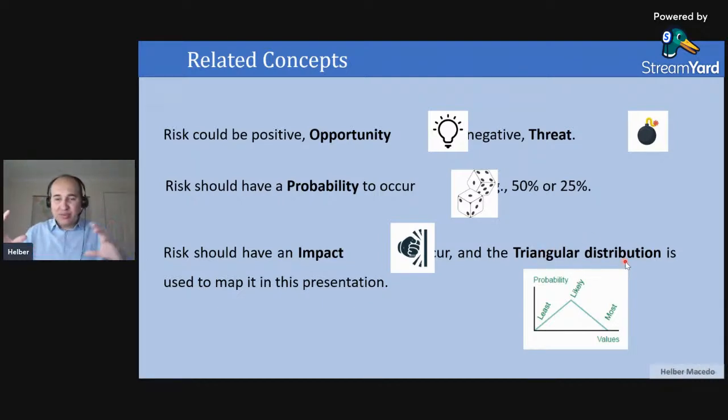We have different ways to calculate the impact, different types of distributions, but here and in the book as well that I published last year, we are always using the triangular distribution, where you need to define three pieces of information: the optimist scenario, the pessimist scenario, and the most likely scenario. I need to give these three numbers to be able to make my calculation, my simulation.